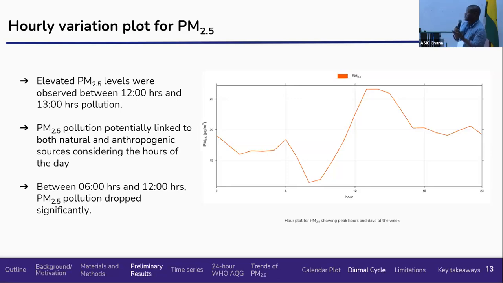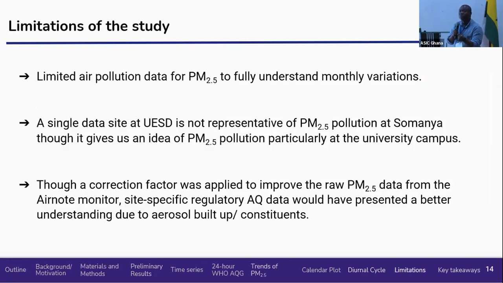Also, a correction factor was applied to improve the raw data that we observed. As the previous speakers mentioned, the correction factor is used to match the data from the low-cost sensor to the standard, to see whether we are getting the same values when comparing to the standard reference.